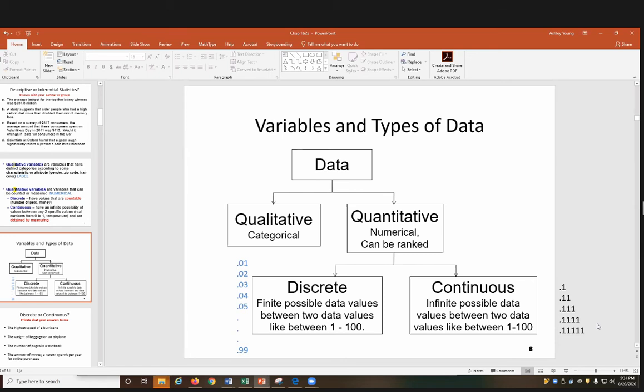Right? There's an infinite number of data possibilities that you can find. The easiest way to remember it is discrete are things that you count. Continuous are things that you measure. Everybody absorb that. So discrete, things you count. Continuous are things you measure. Questions about this before we move on?